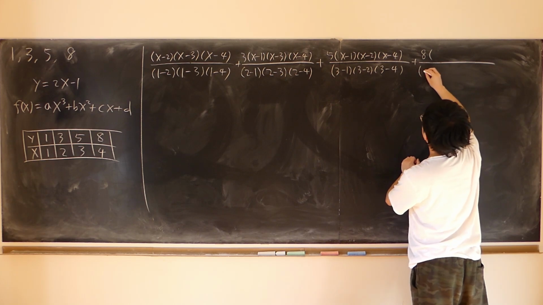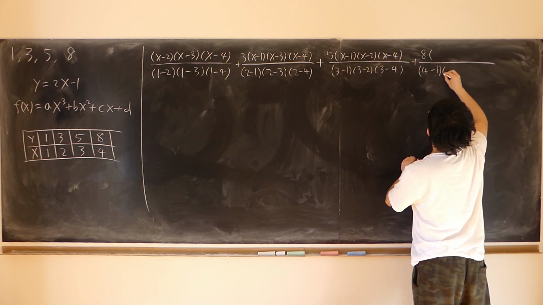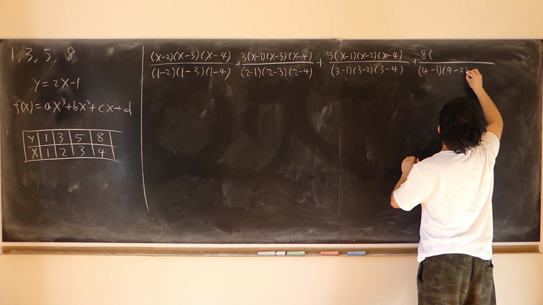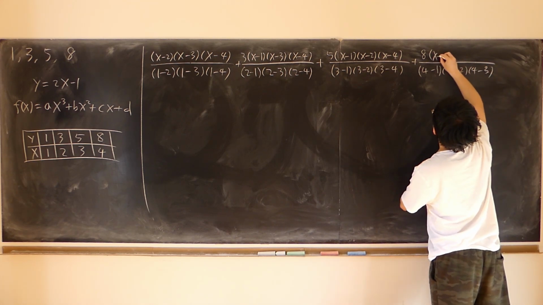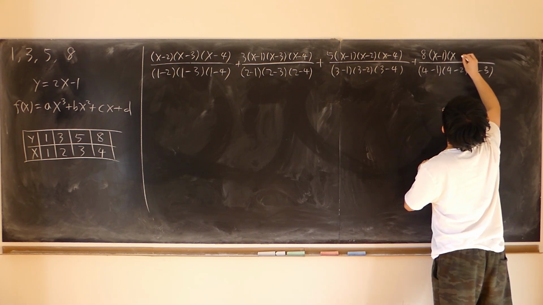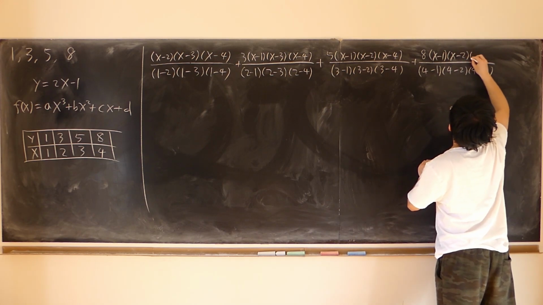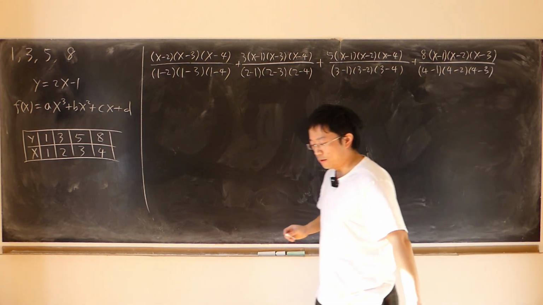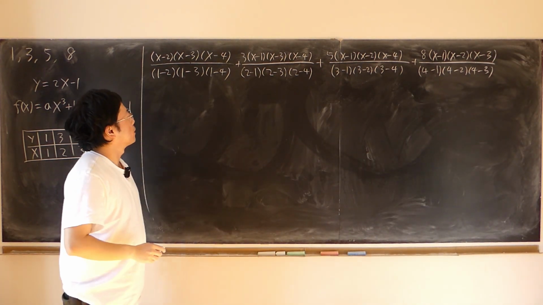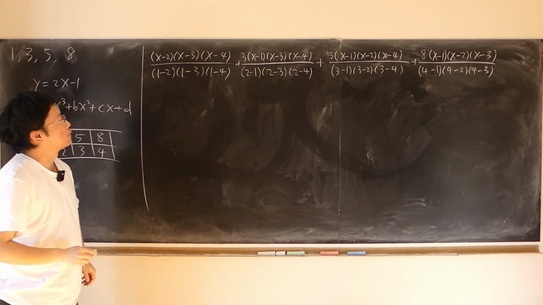Here I take 4: 4 minus 1 times 4 minus 2 times 4 minus 3. Here I have x minus 1 times x minus 2 times x minus 3. Okay, here's my cubic equation function.